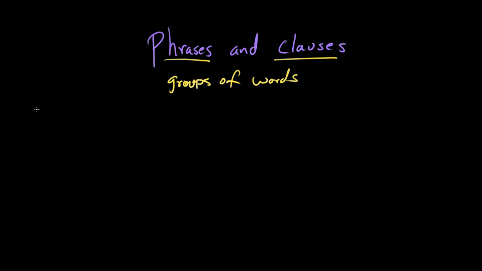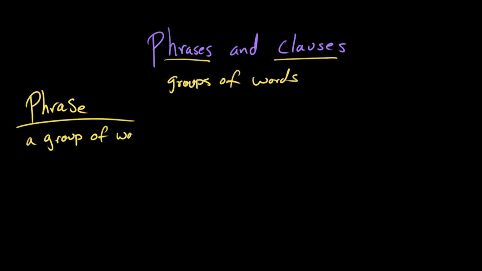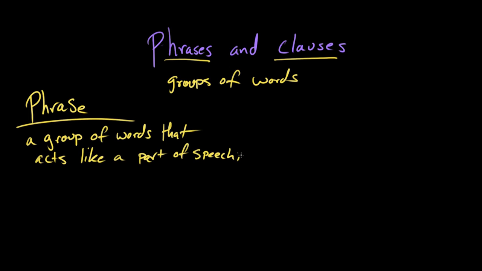So, Rosie, if you please, what is a phrase? A phrase is a group of words, and it acts like a single part of speech. But it will never be a full sentence, because phrases don't have both a subject and a verb. What are some examples of phrases? My best friend.